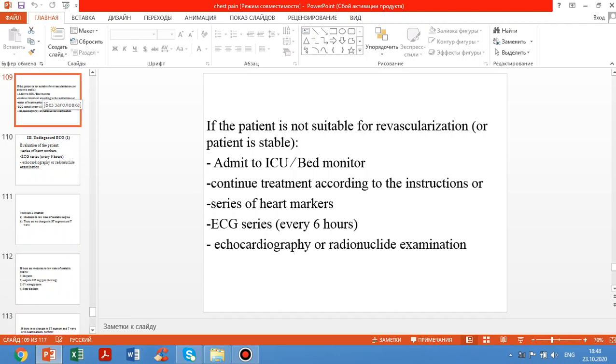If the patient is not suitable for revascularization or is stable, you can admit to ICU, bed monitor, continue treatment according to the instruction of series of heart markers, ECG series every 6 hours, echocardiography or radionuclide examination.